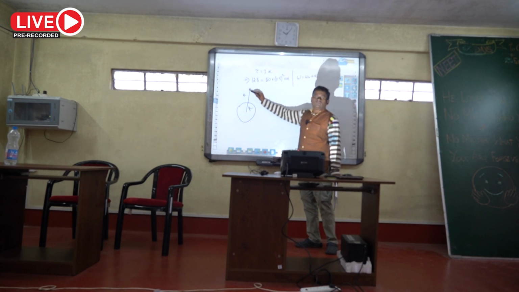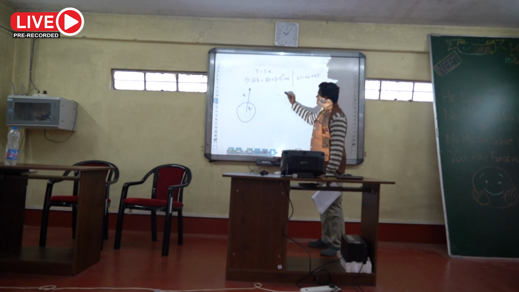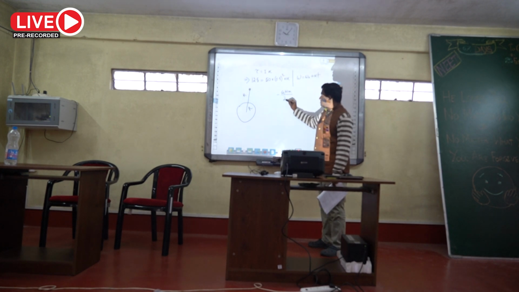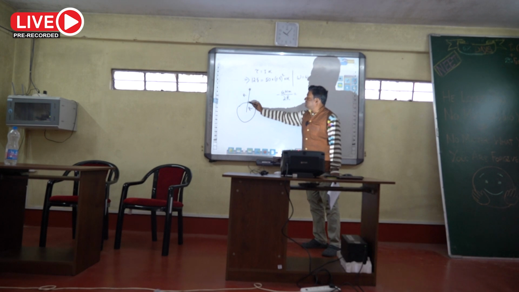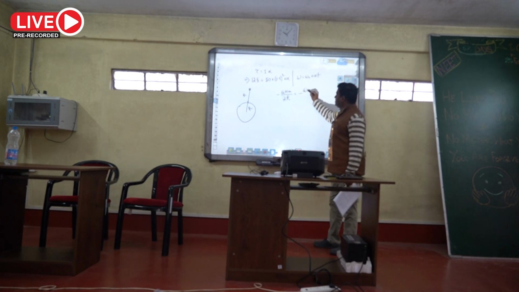It has only the potential energy, and potential energy at that point will be minus G M m divided by r plus r, that is 2r. When the body reaches near the earth's surface, then this potential energy will become minus G M m by r only plus some kinetic energy, that is half m v square.